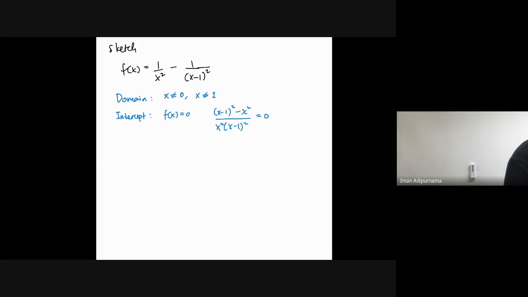Okay, let me write this directly. Minus 2x plus 1 from this expansion, and the thing that makes it all 0 is only this negative 2x plus 1. Okay, and we get x is half. So at half, 0, we will have an intercept. So the curve will cross this point.